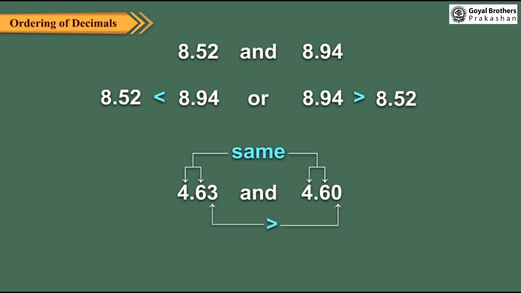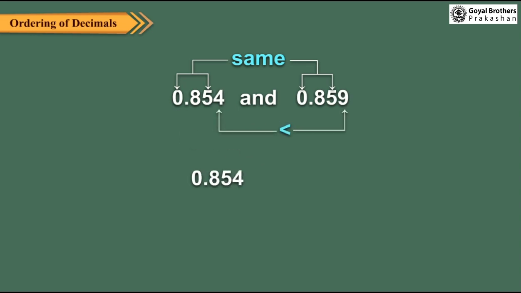Since 3 is greater than 0, so 4.63 is greater than 4.60. Again consider 0.854 and 0.859.